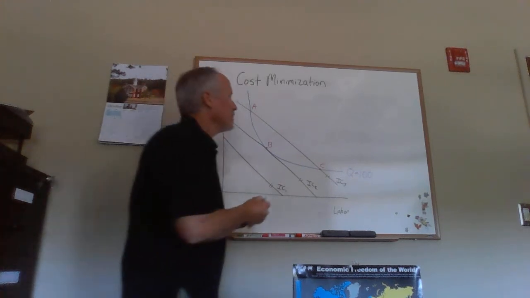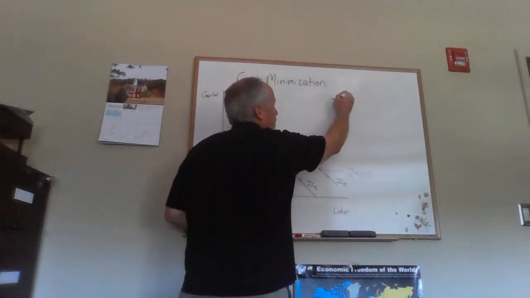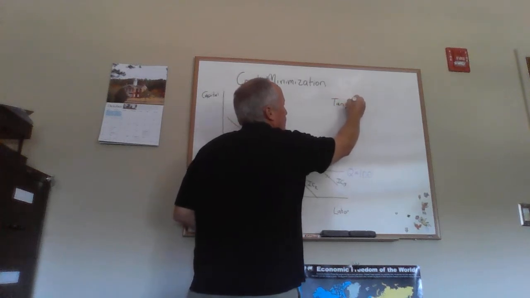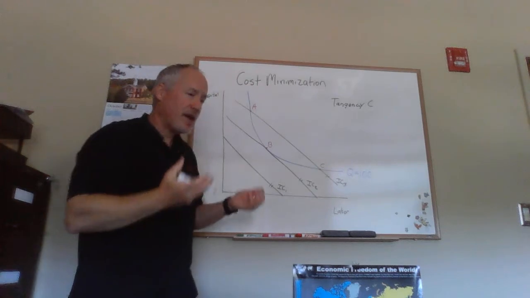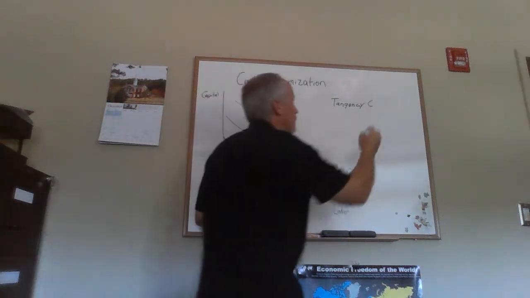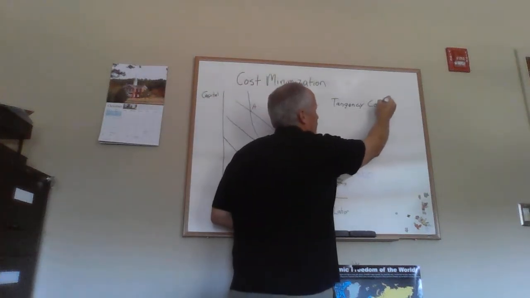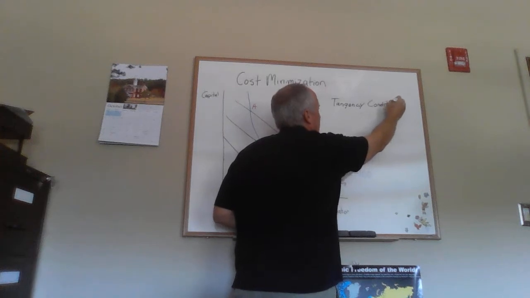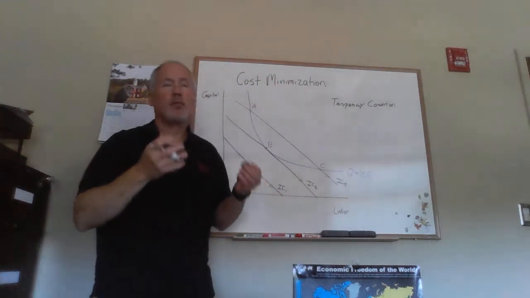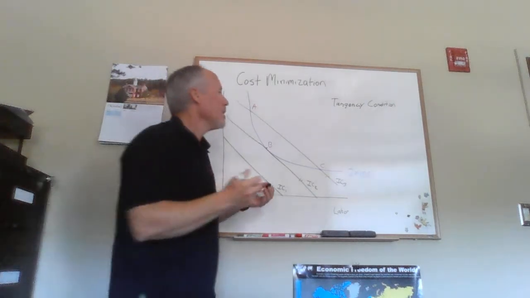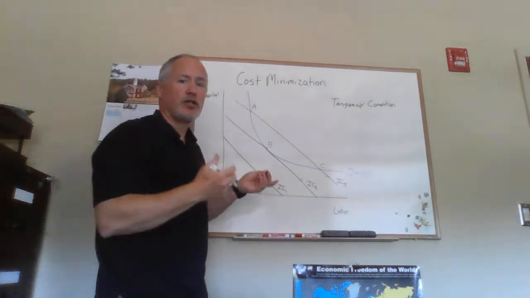Anytime two curves are tangent, we know that they have the same slope. So we have a tangency condition. We've already seen that the slope of the isoquant is the ratio of the marginal products, and the slope of the isocost is the ratio of the input prices.